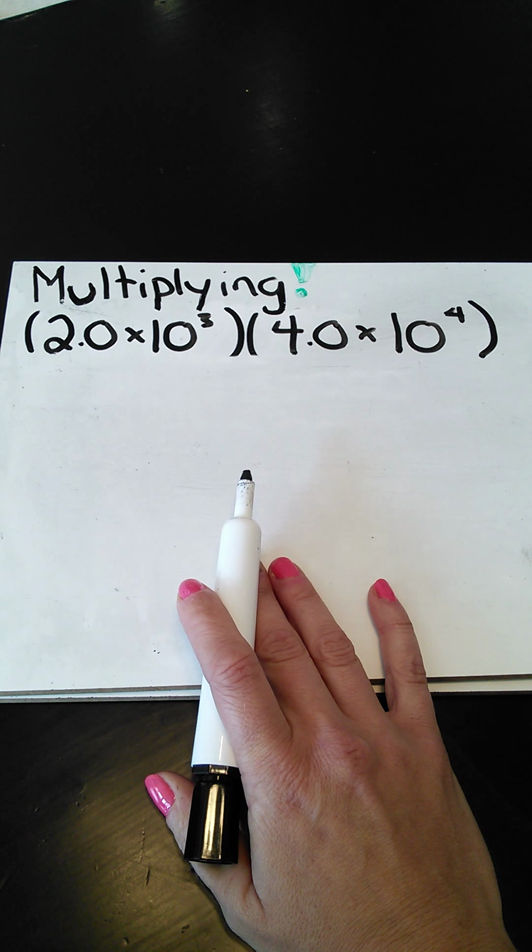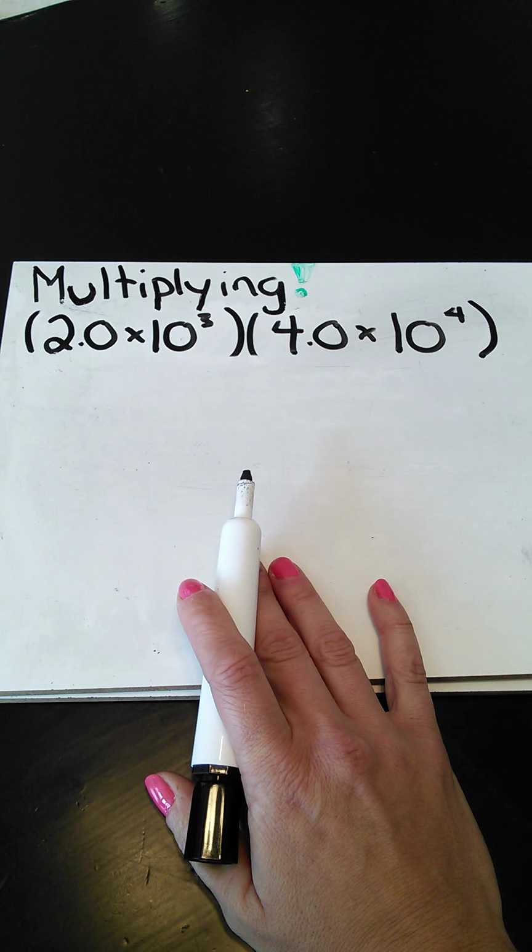But here we notice these both are the same base. And we go back to the lesson that we've already learned with multiplying exponents of the same base. We know that we can add our exponents. So therefore, if we solve this out, we have 8.0 times 10 to the exponent 7.